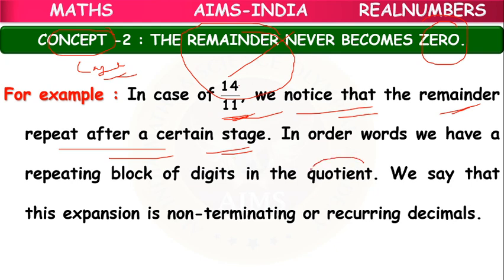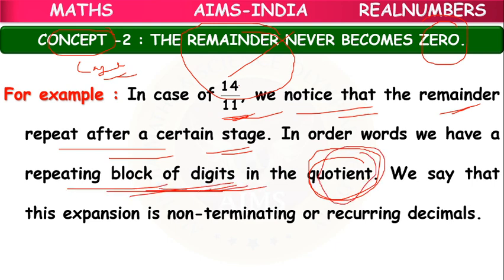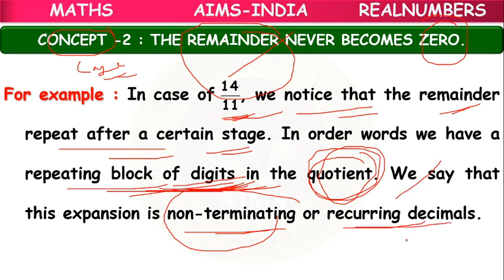So in the quotient part, we will have a repeating block of digits. As it is not terminating, we can call it a non-terminating recurring or repeating decimal.